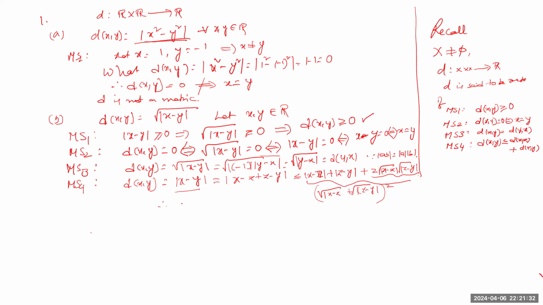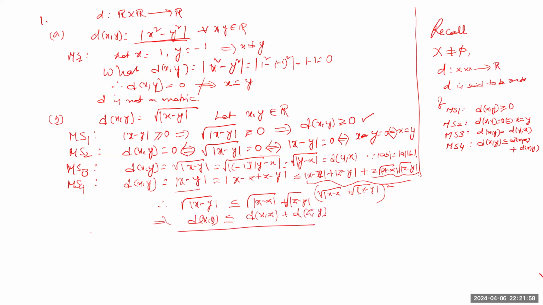Therefore, square root of mod x minus y is less than or equal to square root of mod x minus z plus square root of mod z minus y. So this implies d of x comma y is less than or equal to d of x comma z plus d of z comma y.